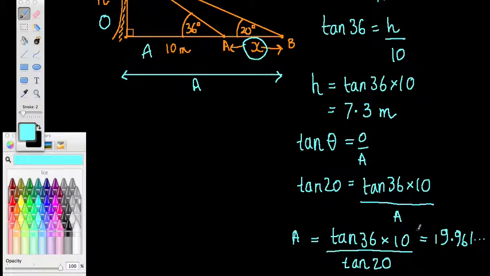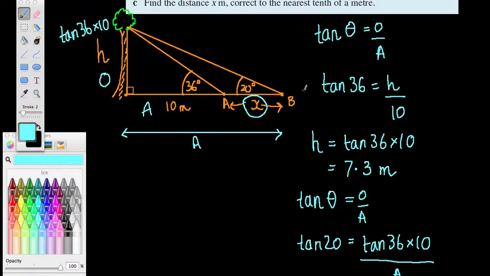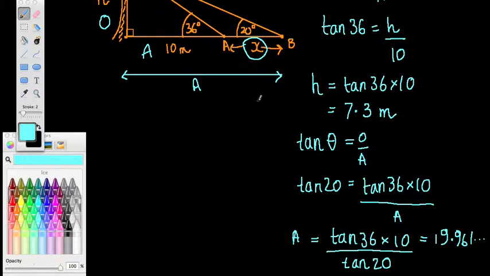Now I know what this A is here. I know that this length here is 10. So I just need to find x now. I've got space here, so I'm going to do my workings here, but always in your workbook, please work down the page.